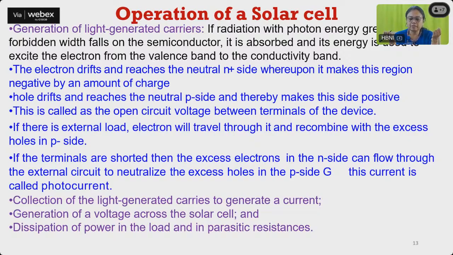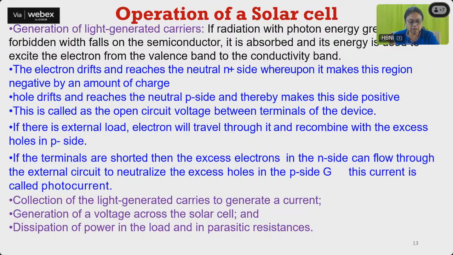It is absorbed and this energy is used to excite the electron from the valence band to the conduction band. The electrons drift and reach the neutral n side, whereupon it makes this region negative by an amount of charge. The hole drifts and reaches the neutral p side and thereby makes this side positive. This is called the open circuit voltage between terminals of the device.